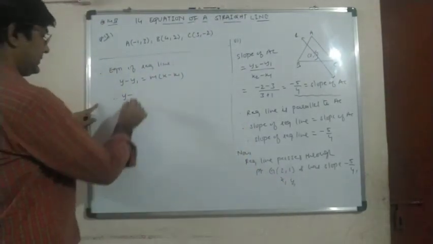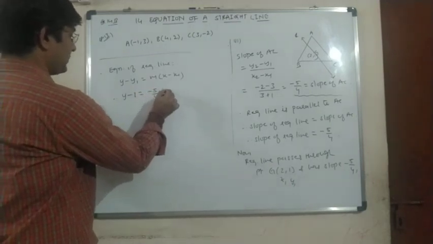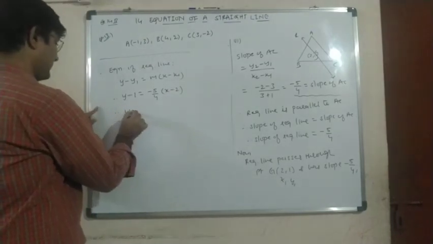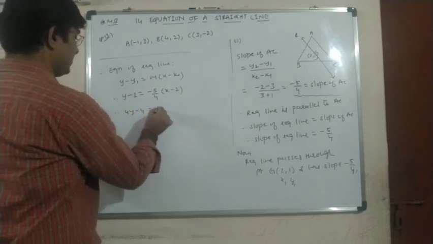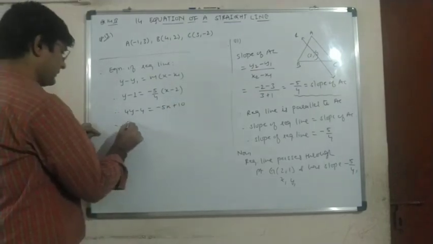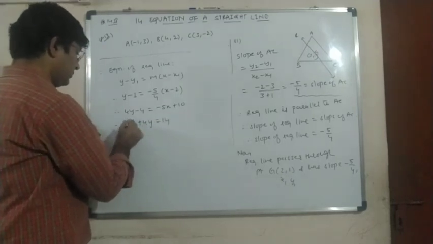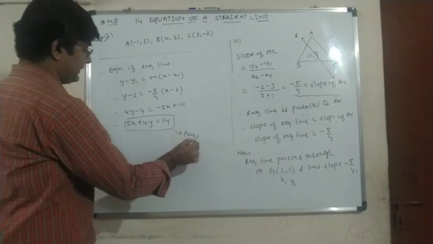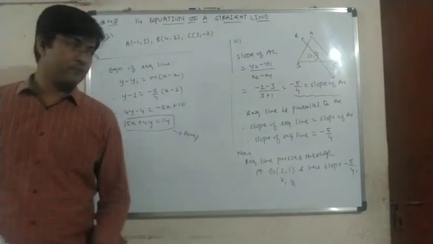So y minus 1 is equal to m, which is minus 5 upon 4, into x minus 2. Therefore 4y minus 4 equals minus 5x plus 10, and therefore 5x plus 4y is equal to 14. This is the equation of the required line.